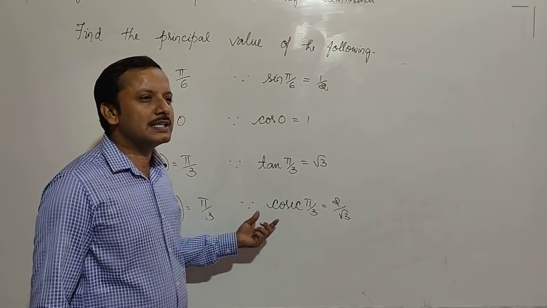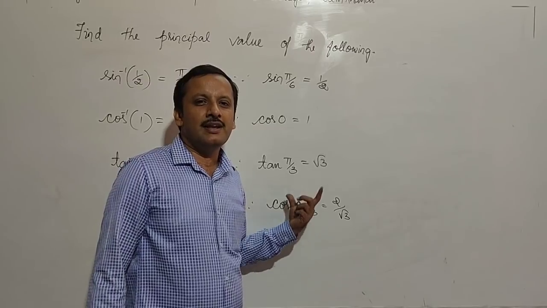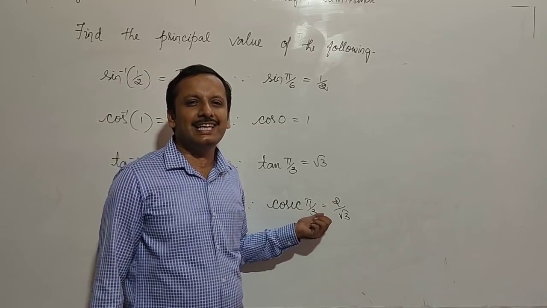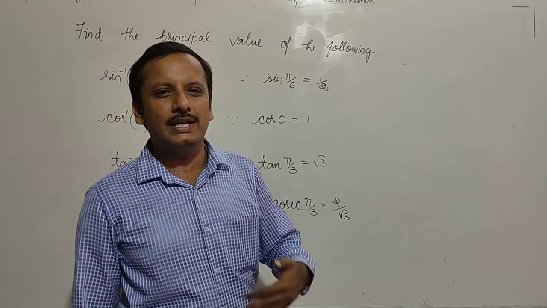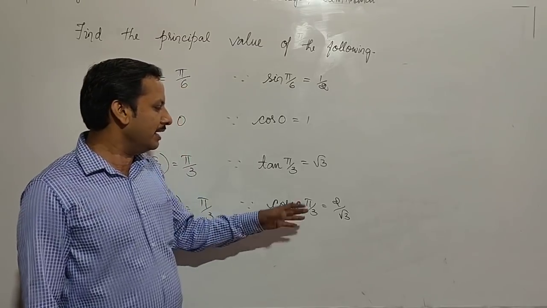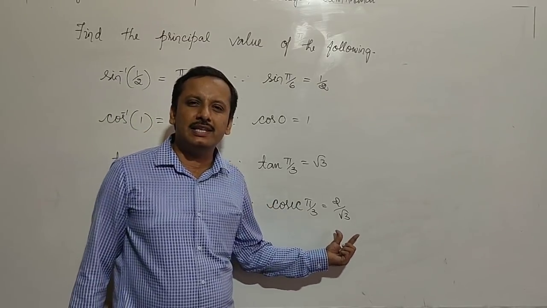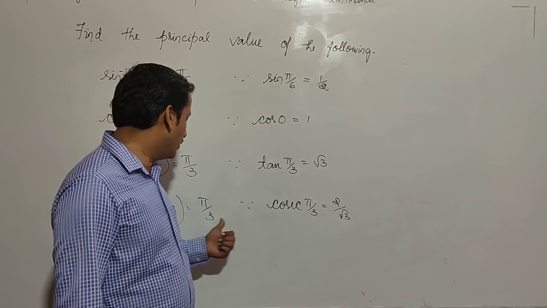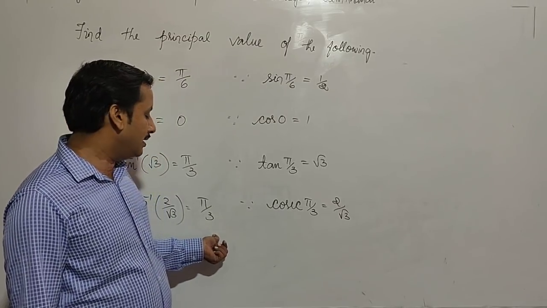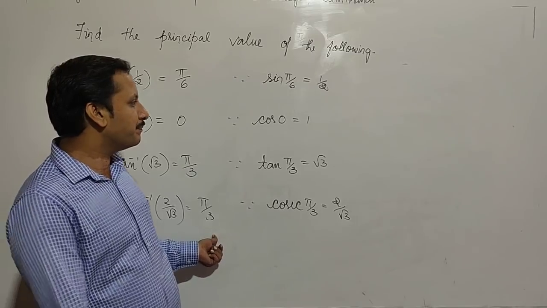If you don't know what is cosecant pi by 3, it's okay, because you already know what is sin pi by 3. Sin pi by 3 is root 3 by 2, so its reciprocal cosecant pi by 3 is 2 by root 3. Therefore, cosecant inverse of 2 by root 3 can be written as pi by 3.